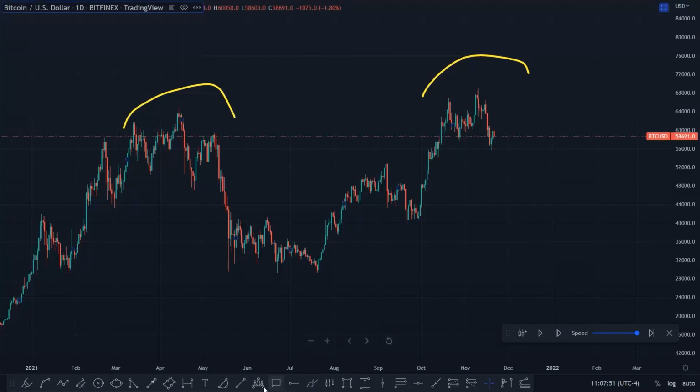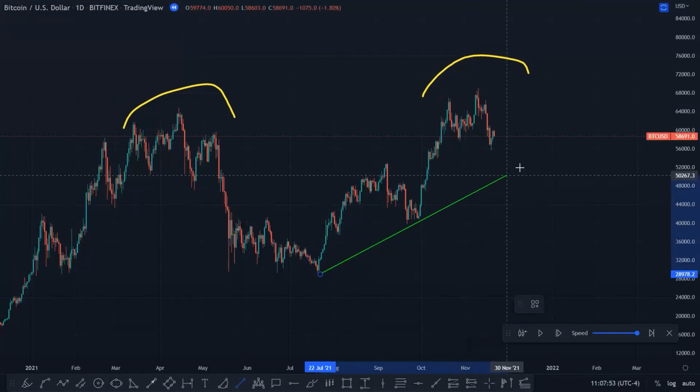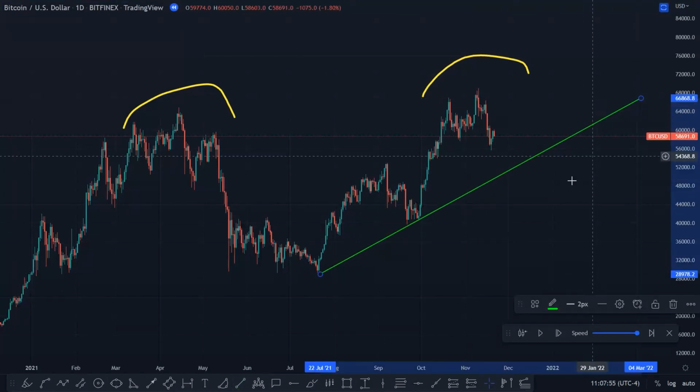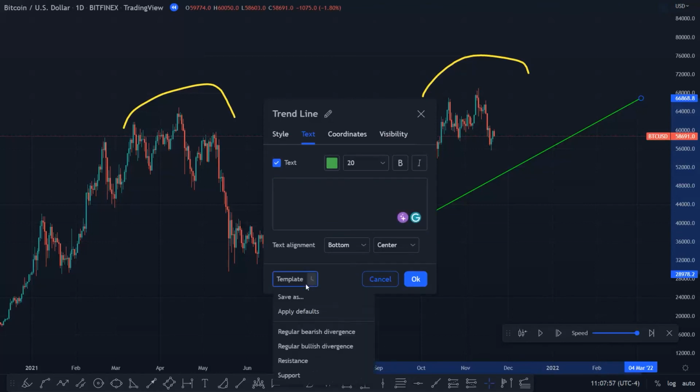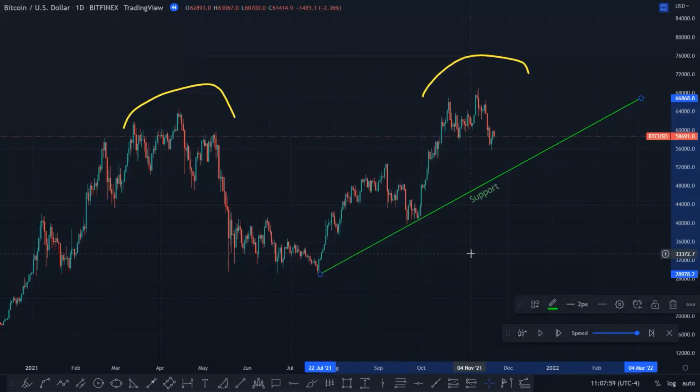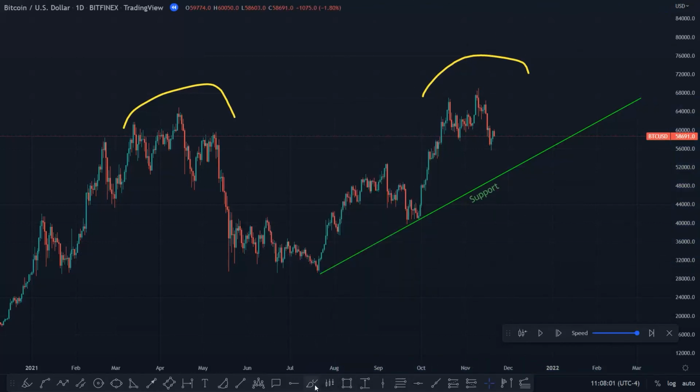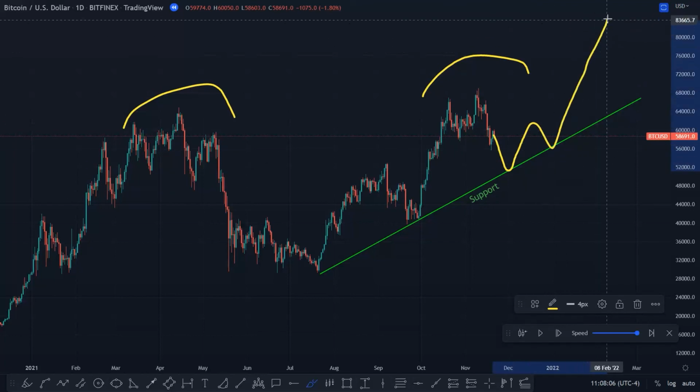The moon boys and the influencers drew their trend line and said that this is our support. We will see some pattern like this and we will go and test $100,000 for the Bitcoin price. So what would you do? It's pretty hard.